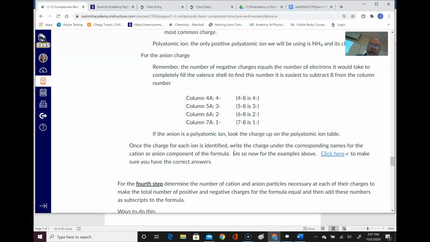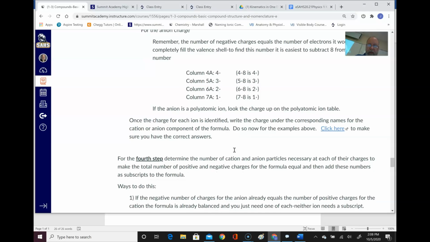And then for anion charges, remember the number of negative charges equals the number of electrons it would take to completely fill the valence shell. So to find this number, the easiest way is to subtract 8 from the column number, 4, 5, 6, or 7. So if the anion is a polyatomic ion, look the charge up on the polyatomic ion table.